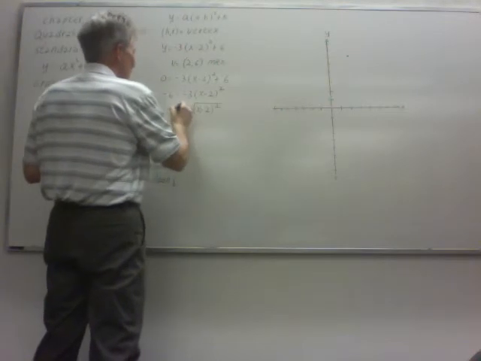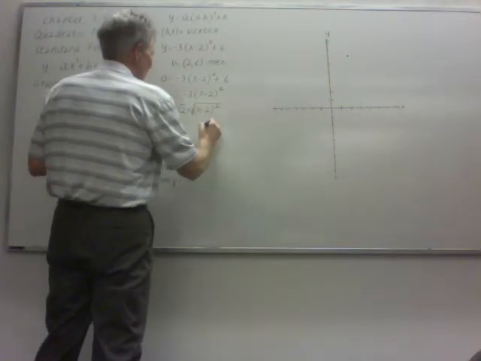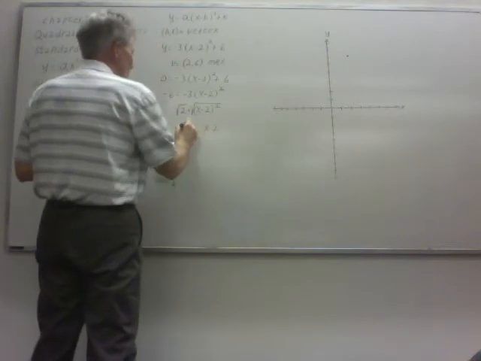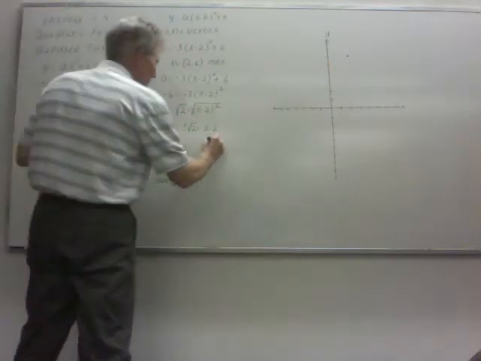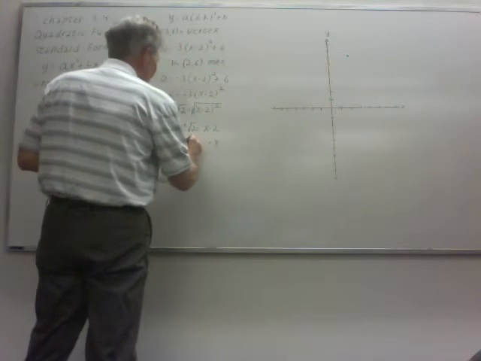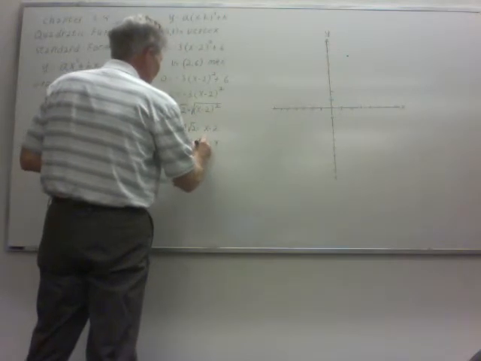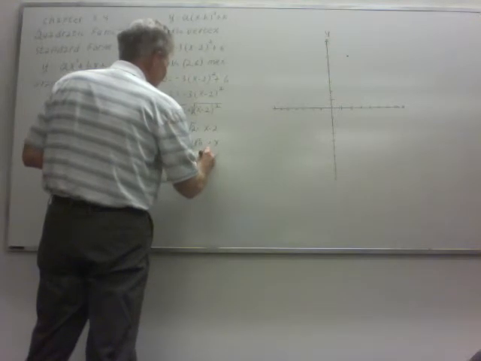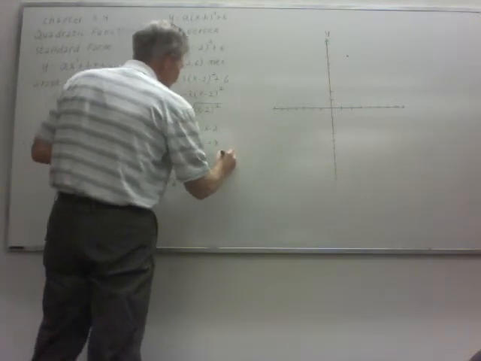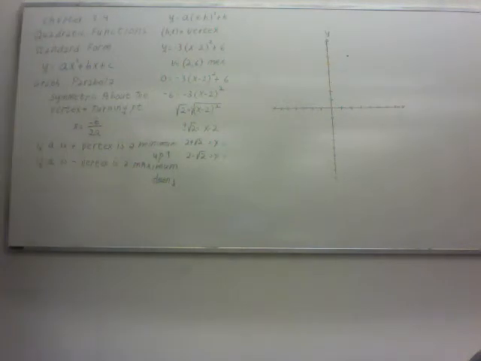I get x minus 2 is equal to plus or minus the square root of 2. To get x by itself, I'm going to add 2. I have x equals 2 plus the square root of 2, and x equals 2 minus the square root of 2.